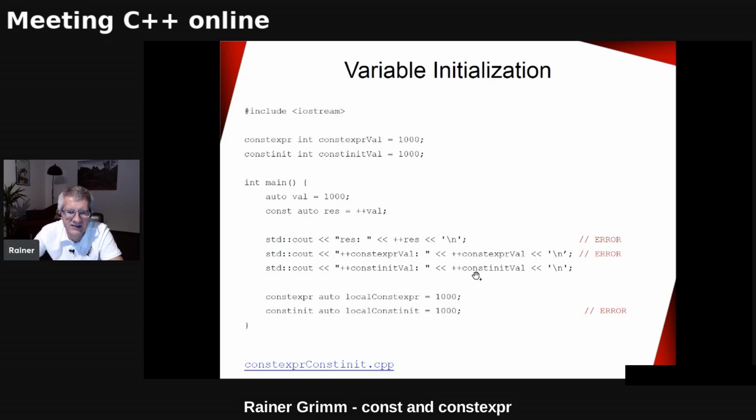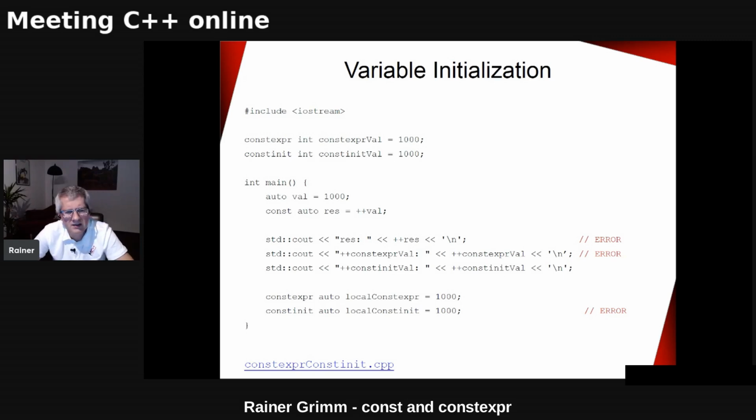But here's the difference. constinit is initialized at compile time, but not const. This is the special feature of constinit. You have the guarantee that it's initialized at compile time, maybe to fix the static initialization order fiasco, but it can be changed.